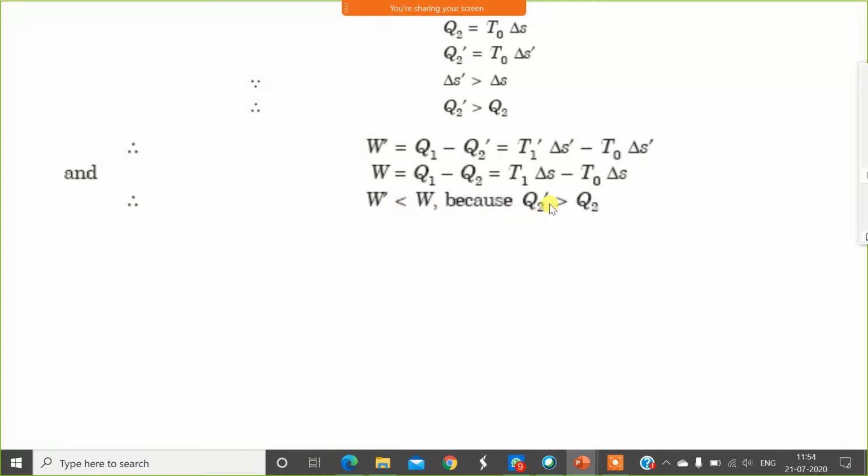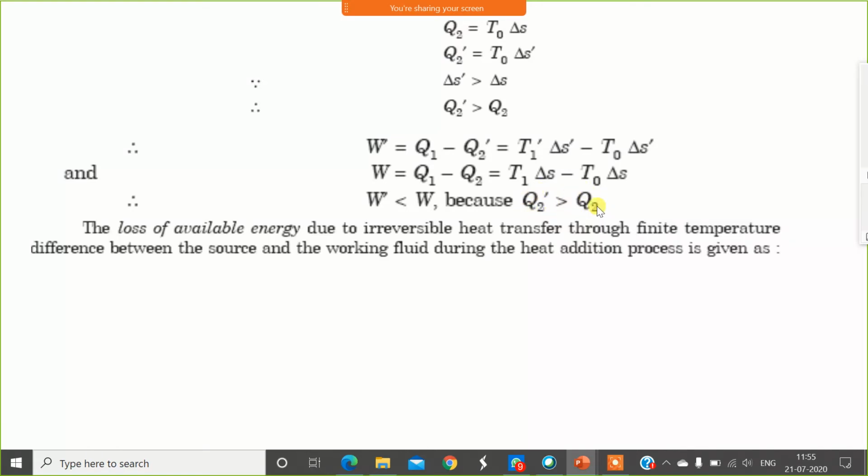Therefore we can say that heat rejected in finite temperature difference is greater than in the reversible process. The loss of available energy due to irreversible heat transfer through a finite temperature difference between the source and the working fluid during a heat addition process is given as W minus W dash.